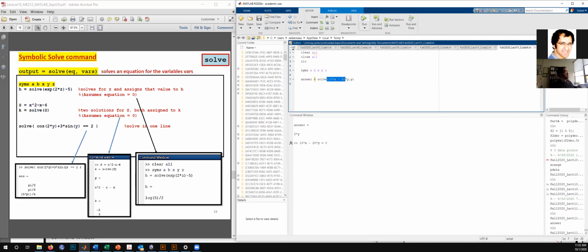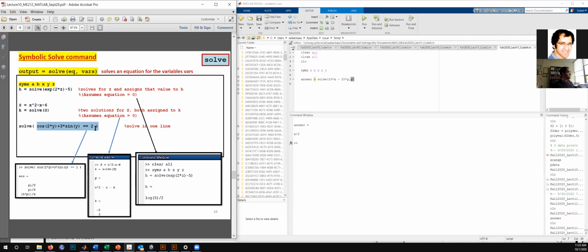Let's see if that is what we are getting. See, x over 2. So if you are trying to solve for anything else except x, you need to tell MATLAB that that is the variable that it would want to solve for. Similarly, if it has other variables like a, b, etc., you need to tell that over here. So I think that's basically what I have been showing.